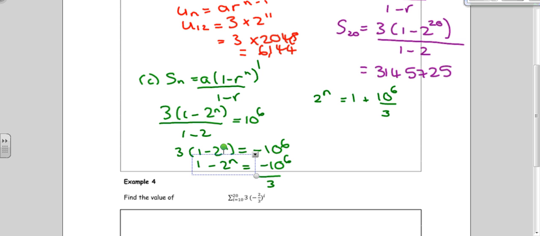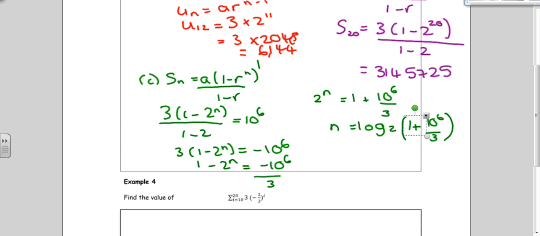So, of course, here we need to take logs. So now, n will be found by doing log of base 2, because that's the base that we have here, of 1 plus 10 to the power of 6 over 3.